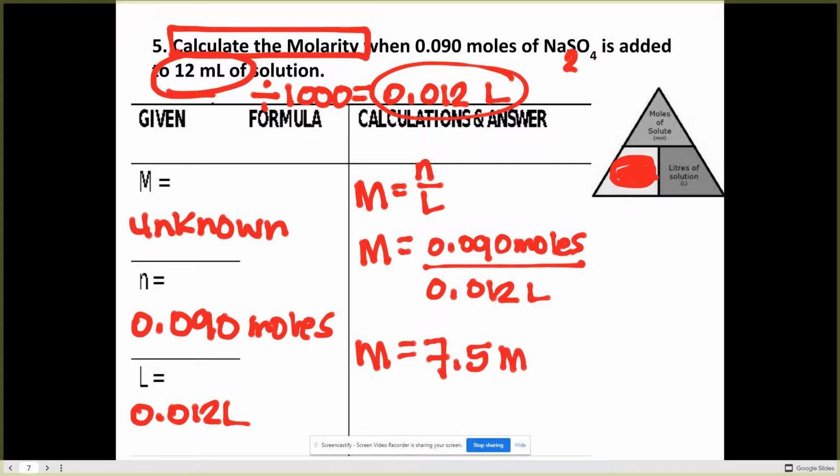And again, this is big M, and that's the answer right there. So again, guys, hopefully in this problem you learned that if the volume is in milliliters, you have to convert it into liters by dividing it by 1,000. All right. Let's try another problem.